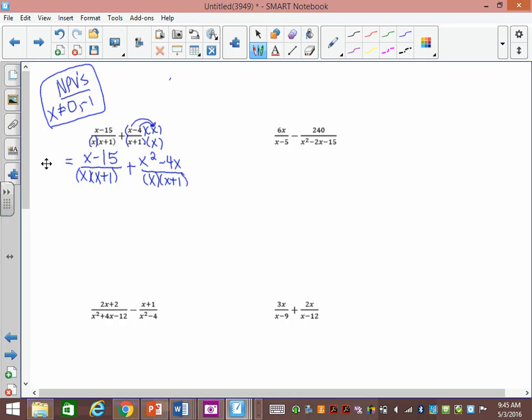So it's not super difficult to get common denominators, right? You have to remember to distribute that numerator in. Now we have common denominators, so we write them all over the denominator. So on the denominator we have x plus 1. And then we have x minus 15 plus x squared minus 4x.